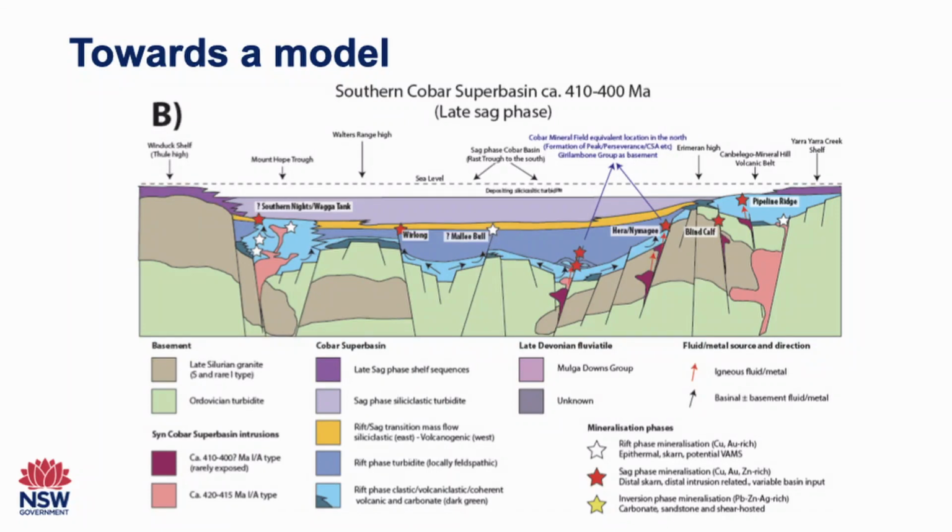So we're seeing a major movement of faults between 410 to 400 MA to produce these epigenetic Cobar type bodies. But as we said, a lot of those look like they've got some sort of magmatic input to them, and we know we've got magmatism down to 410 from Rabbit Hill. So the suggestion would be that we've got this magmatic input that we're just not getting to see at the exposure levels at Cobar. That's also helping drive these systems between 410 and 400 MA.